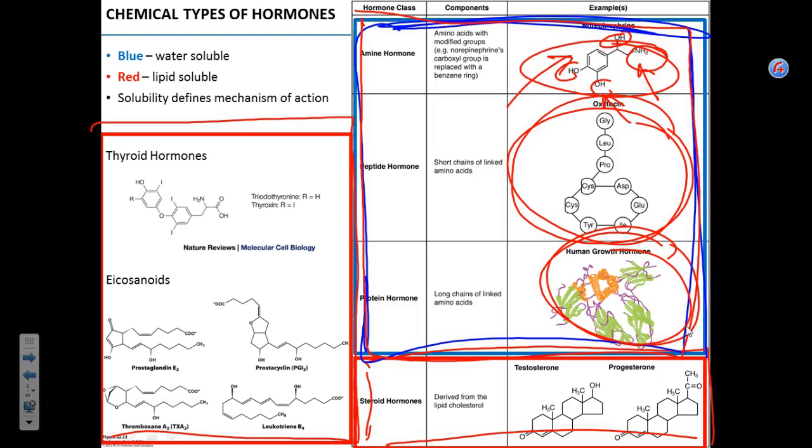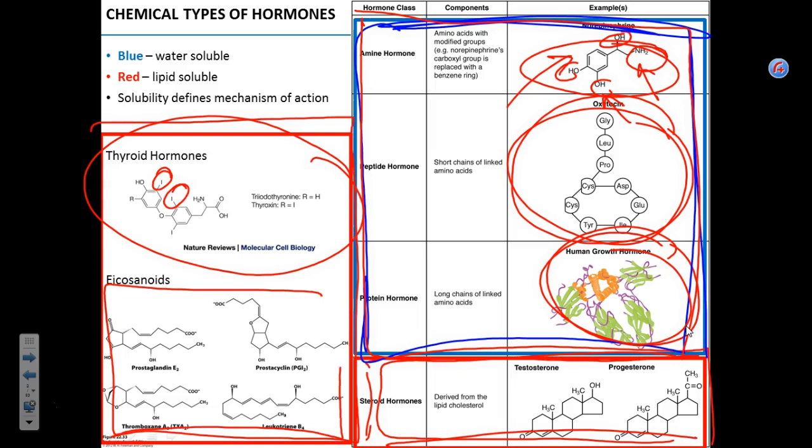Now, lipid-soluble hormones are non-polar, and the three main classes that we're interested in are steroid hormones: sex hormones, corticosteroid hormones, glucocorticoids, mineralocorticoids. These guys are lipid-soluble, as are thyroid hormones, because of the iodine.